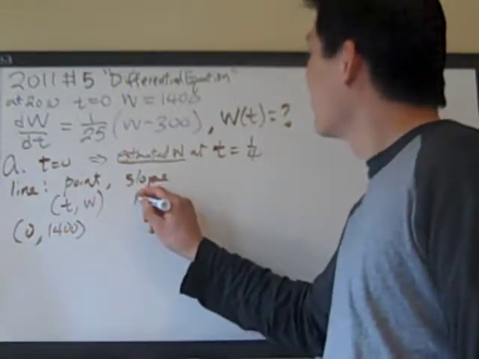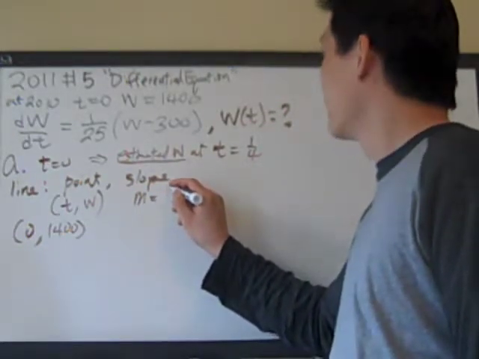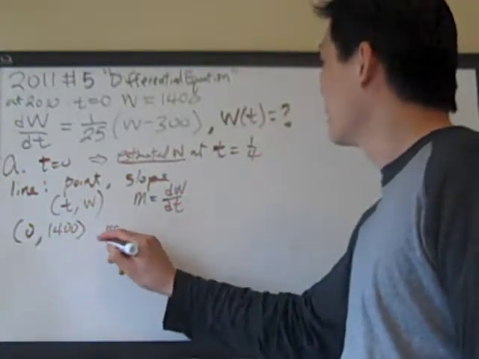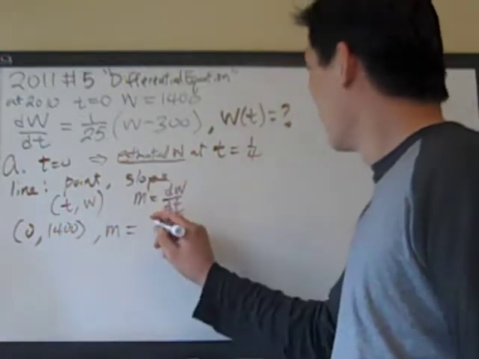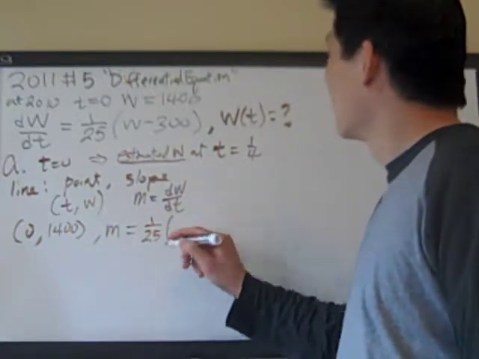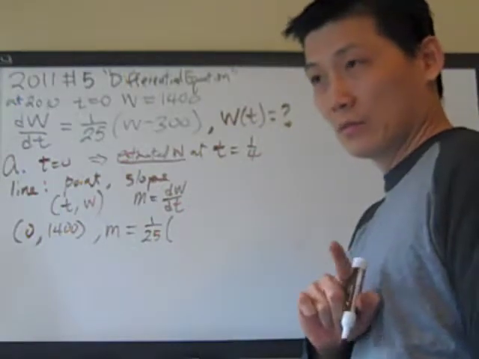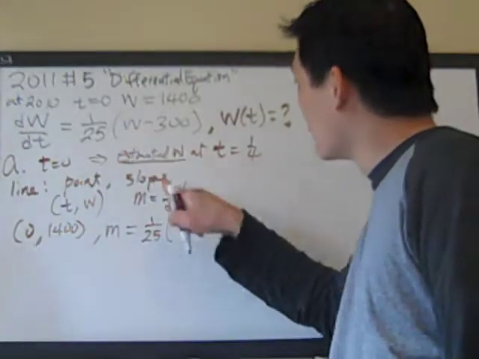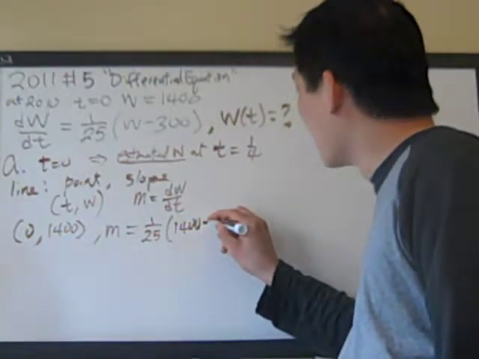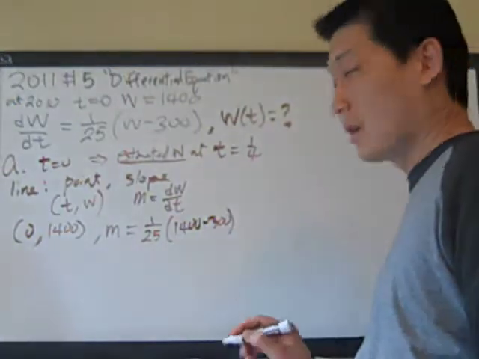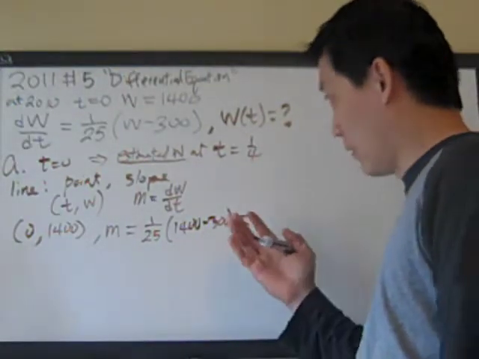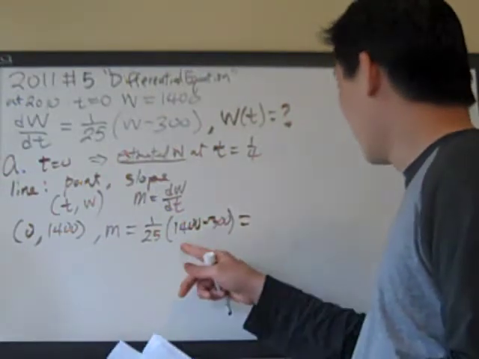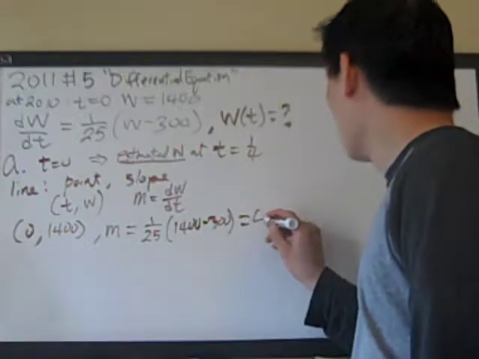Well, slope is derivative, and the derivative in this case is dW dt. So the slope is 1 over 25 times (W minus 300) at t equal to 0. At t equal to 0, W is 1,400, so it is 1,400 minus 300, and if you solve this out, you get 44.